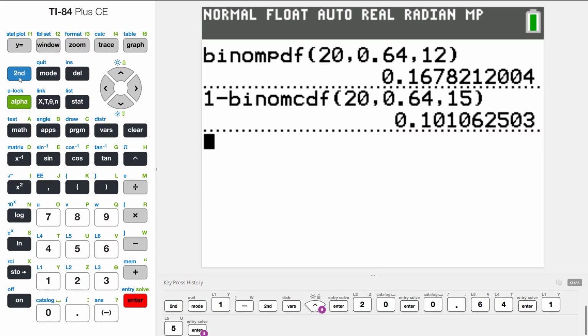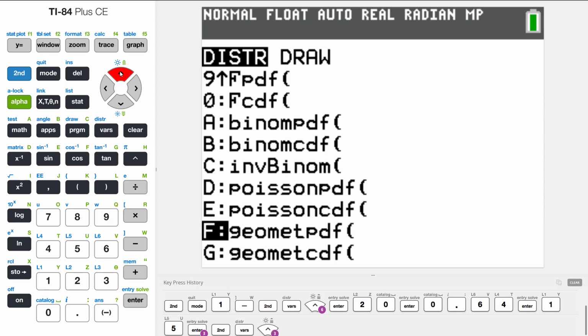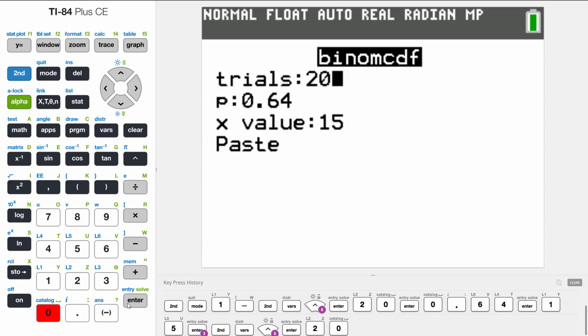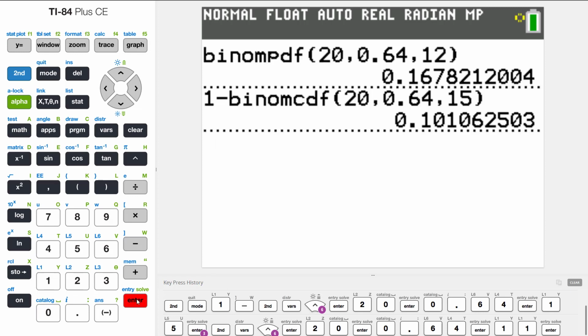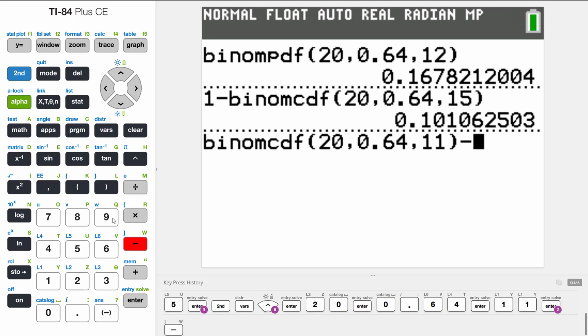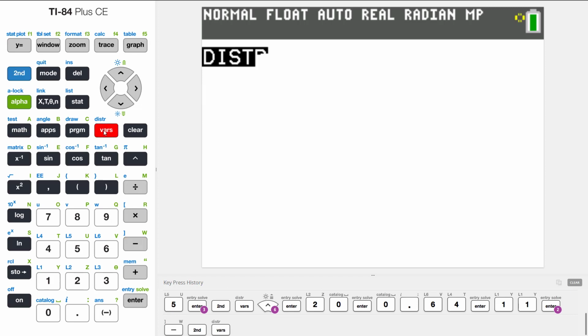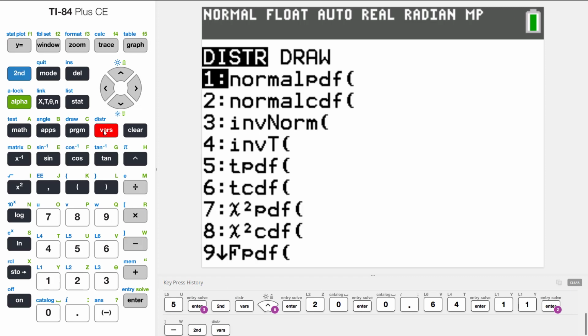So first, the binomial CDF for x less than or equal to 11. And we're going to subtract from that the probability that x is less than or equal to 8.